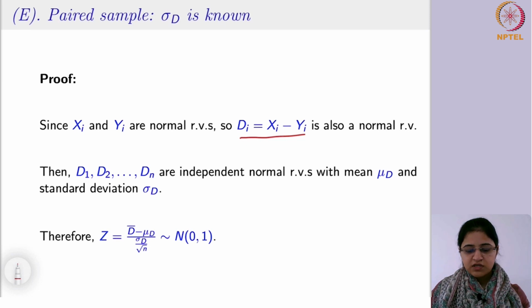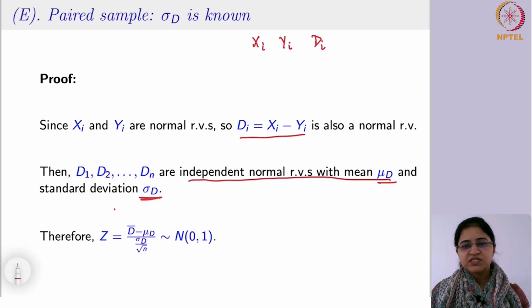So these di's are now independent normal random variables with mean mu d and standard deviation sigma d. Initially you had a dependent sample xi, yi.